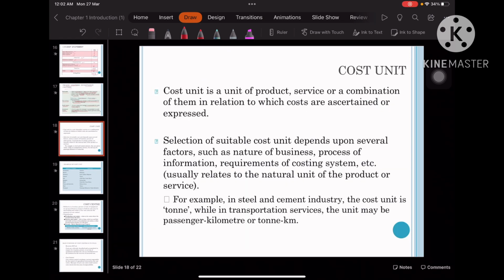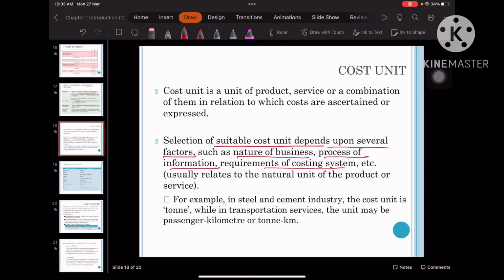Alright, the detail on the cost unit. This is the suitable unit of measurement that we would like to use to measure something. A suitable cost unit depends on several factors such as the nature of the business, the process, the information, the requirement of the costing, and so on. If we would like to know the cost of a unit, it depends on the nature of the business itself.